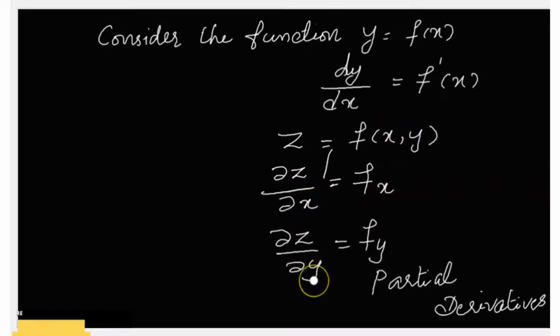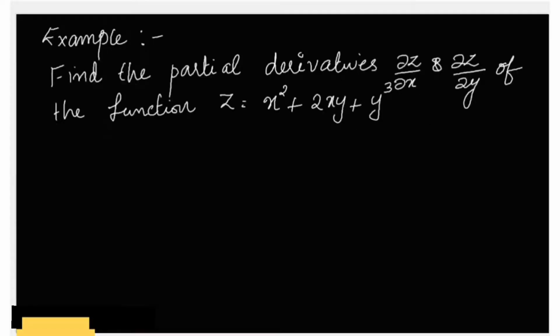Dou z by dou y means differentiate z with respect to y by treating the other variable x as constant. Look at the first example. Find the partial derivatives dou z by dou x and dou z by dou y of the function z equals x square plus 2xy plus y cube.